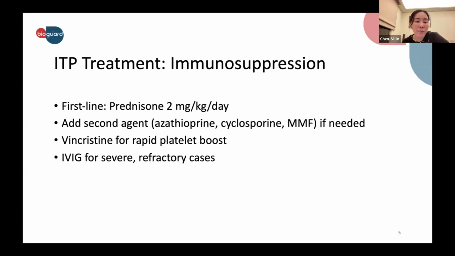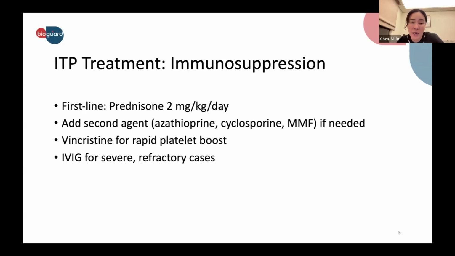So for the ITP treatment, the first line we use prednisolone. We can use some second agents, and in some specific dog breeds, we use vincristine to boost the rapid platelet amount. However, if the case is still severe, we may move on to use IVIG.